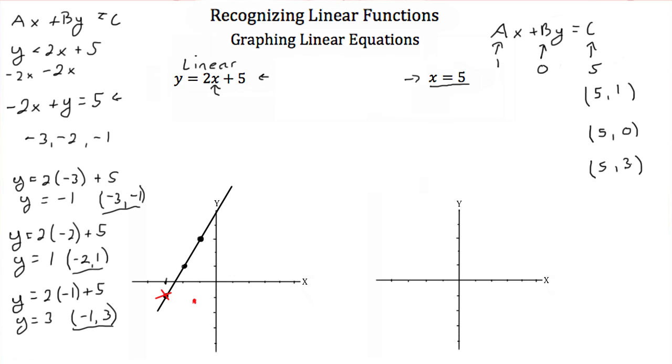Doesn't matter what the y coordinate is, as long as x is always equal to 5. So (5, 1) would be here, (5, 3) would be up there, and (5, 0) would be on the x-axis. And this is just a vertical line that passes through x is equal to 5. So that's how you graph linear equations.